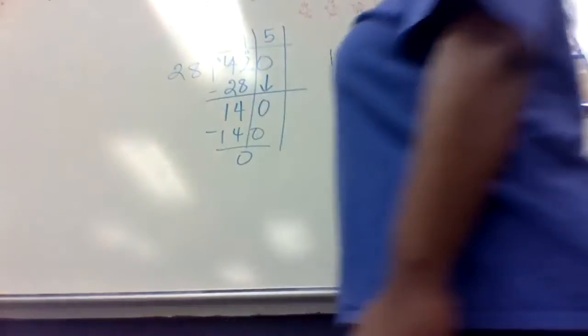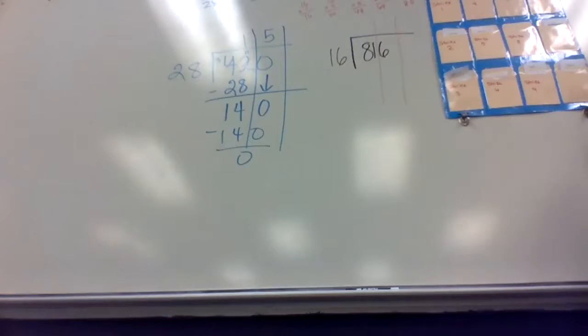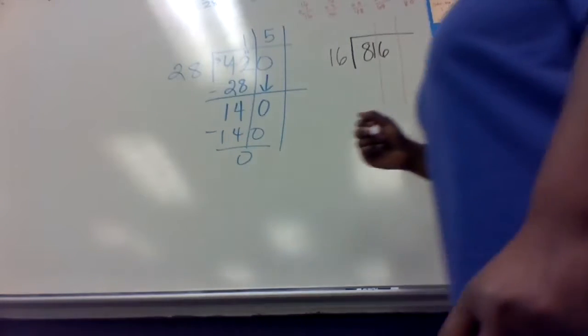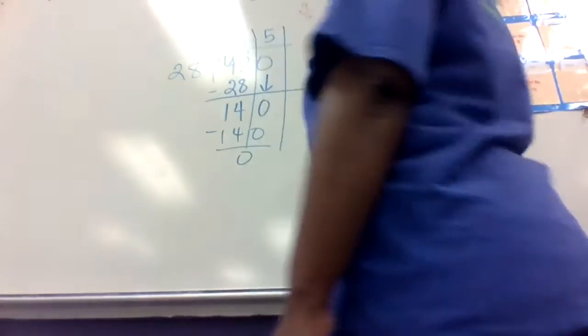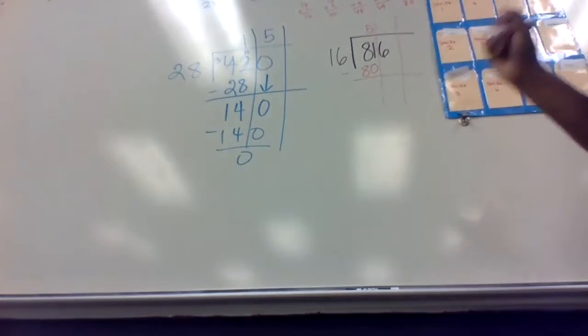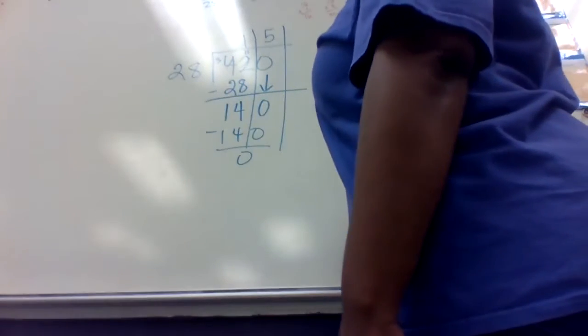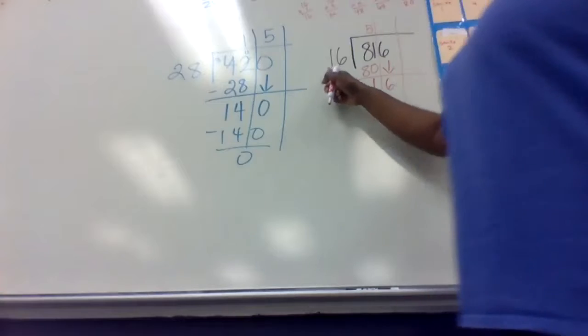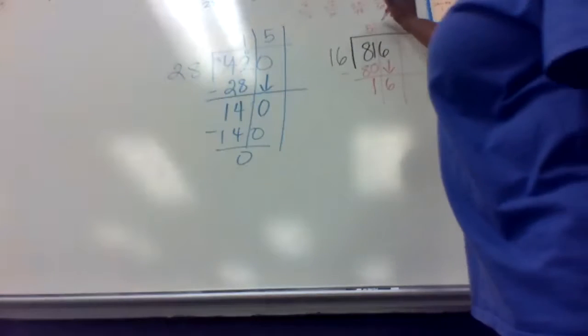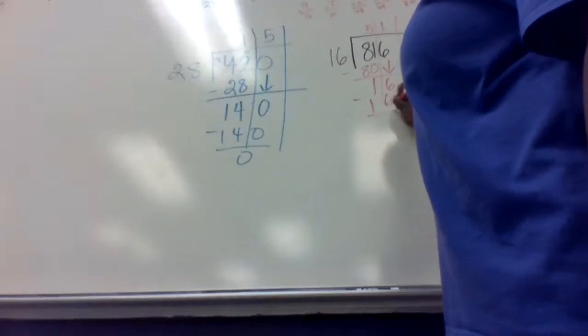All right. So how many 16s are in 81? Subtract. 80 from 81. And what do I have left? 1 left over. And I'm going to bring down my 6. How many 16s are in 16?